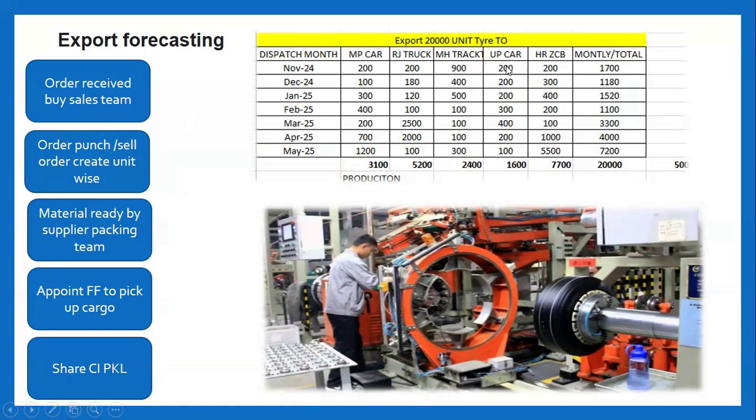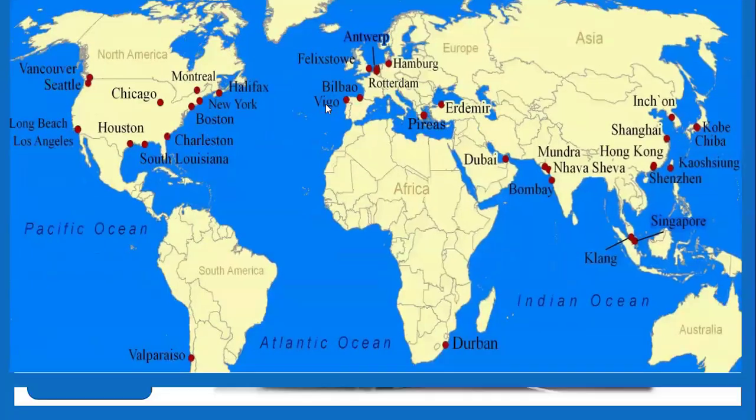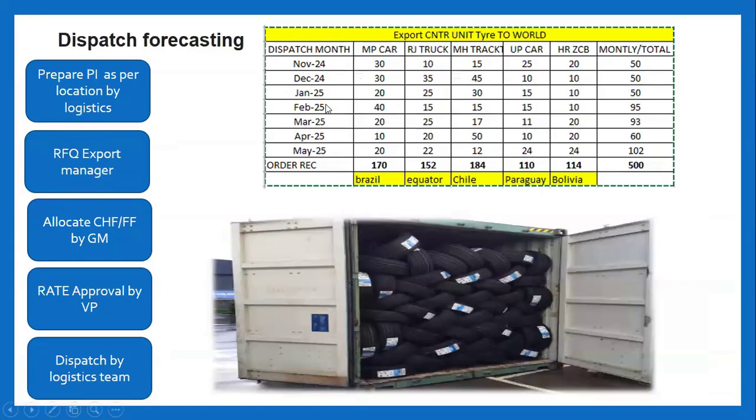In the same way, UP makes cars, and in Haryana the JCB tire manufacturing unit. We have to export these 20,000 tires as per qualification from the different factories, and complete this order according to the orders received from overseas for the countries below.